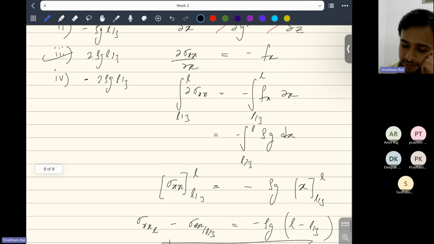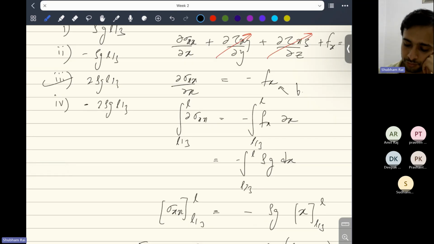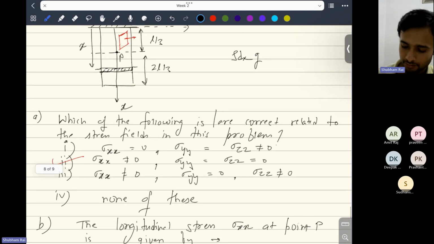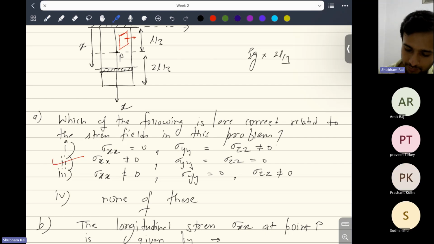So this Fx, if you remember, was the body force. It is force per unit volume. Okay. So the total force that will act on this point P will be rho g times 2L by 3, maybe, right?